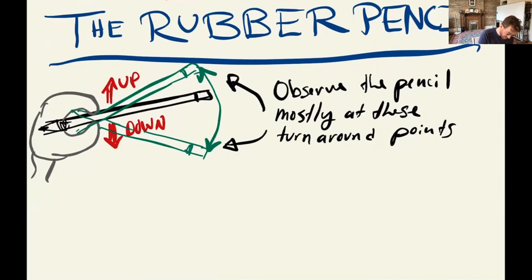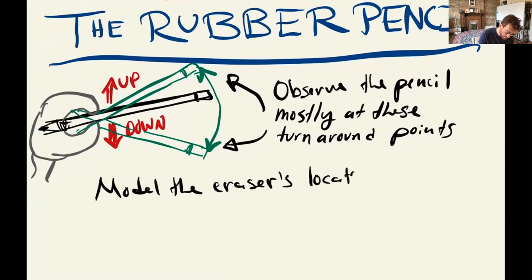You can model the eraser's location and time. By location, I mean here, its y position as a function of time.